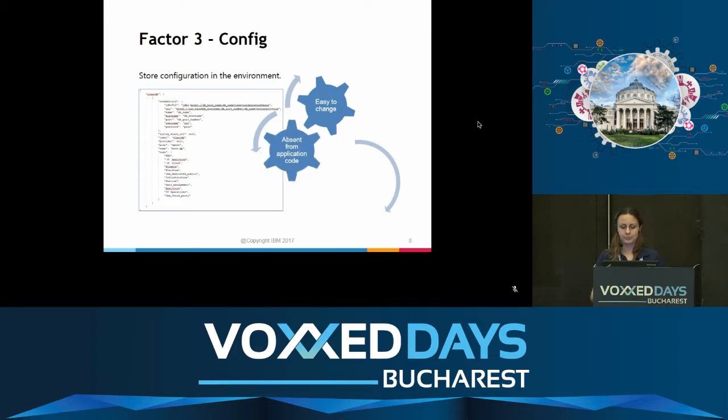Also, this configuration is not in your code. So you would not need to check in and deliver your configuration like you used to do with the properties files. Everyone remembers the properties files for Java, so we had to check in and deliver those.